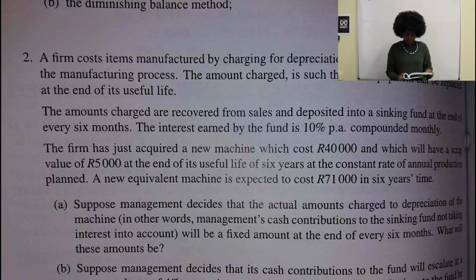At the constant rate of depreciation and the annual production planned, a new equivalent machine is expected to cost 71,000 in 6 years' time. So the information yasinceda because siyazi ngoku into bana imali funeke sizamele uyenza ukuze sikwazi uthenga omnye machine ofana nalona eminyakeni emi-6 yi-71,000 rand.